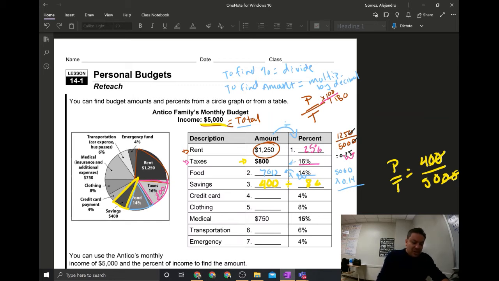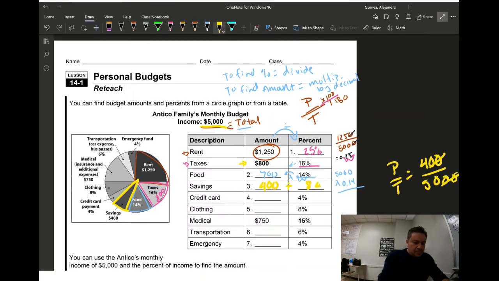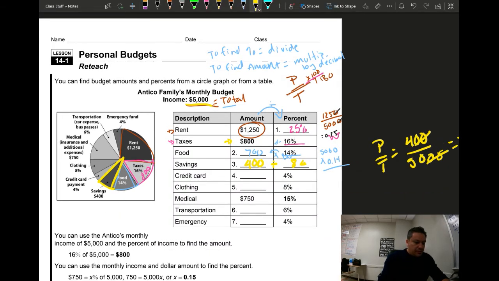Or, if you look at the one above, it says 8%. 4 is half of 8, so I can expect this to be 200, but I can still figure it out. So all I gotta do is move this twice to the left, fill it with zeros, and then multiply by 5,000.